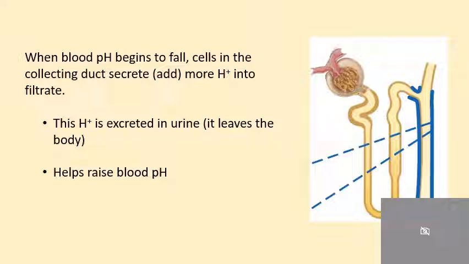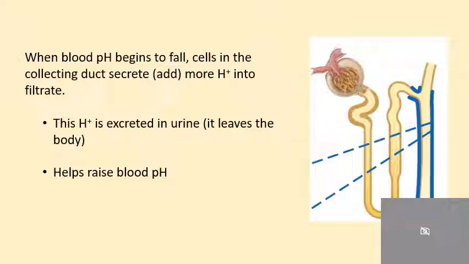So when your blood pH begins to fall, meaning your blood pH is becoming too acidic, there are too many hydrogen ions present in your blood plasma, the kidneys can help by secreting hydrogen ions into filtrate.